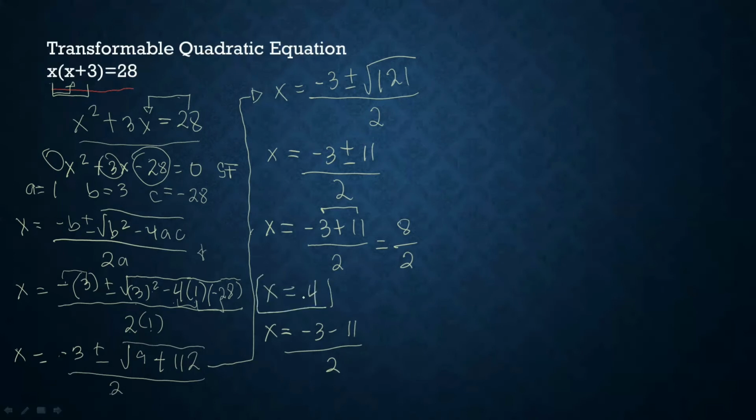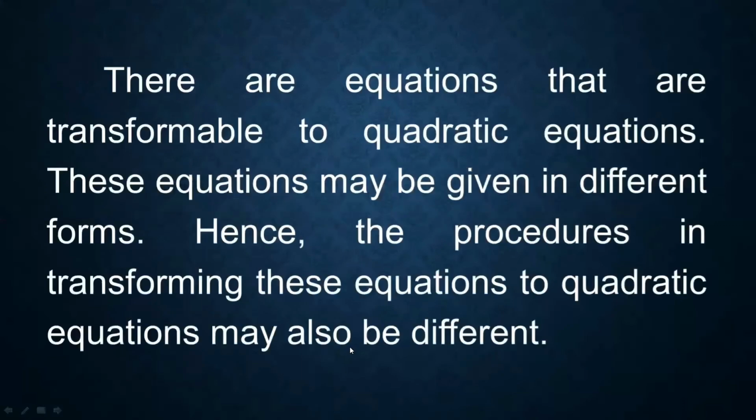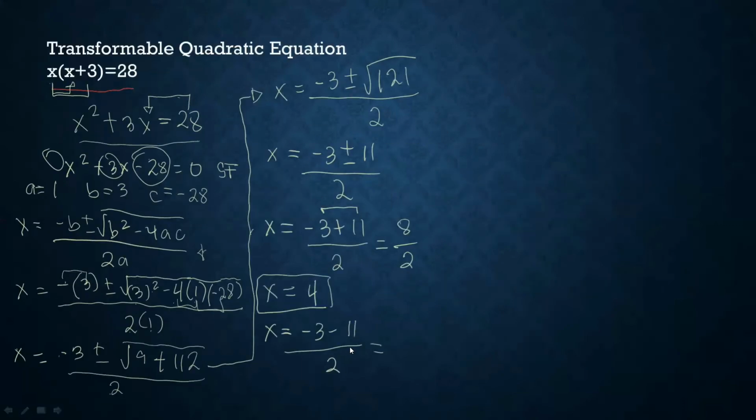The other one is negative 3 minus 11, it is equal to negative 14, and then over 2. And then, the value of x is equal to negative 7. So, now we have the values of x, which is positive 4 and negative 7.